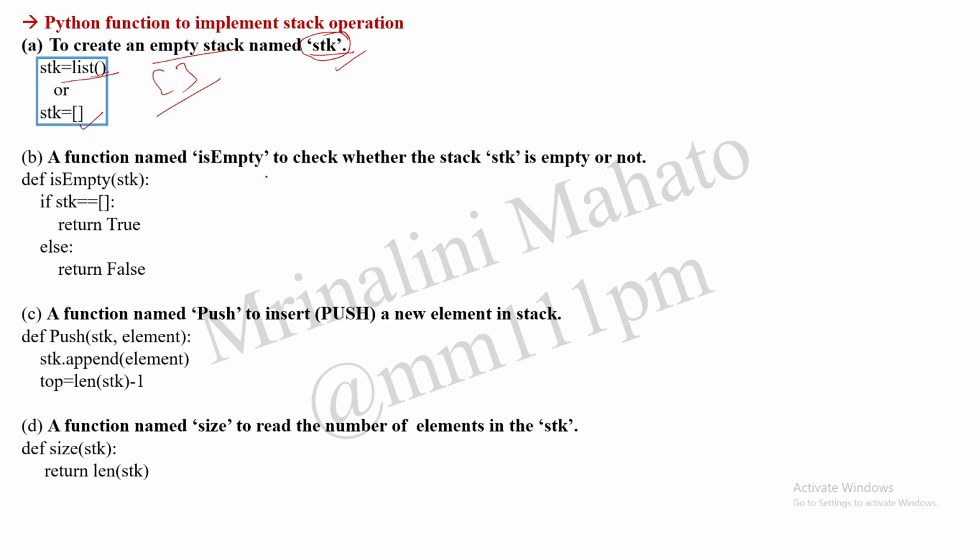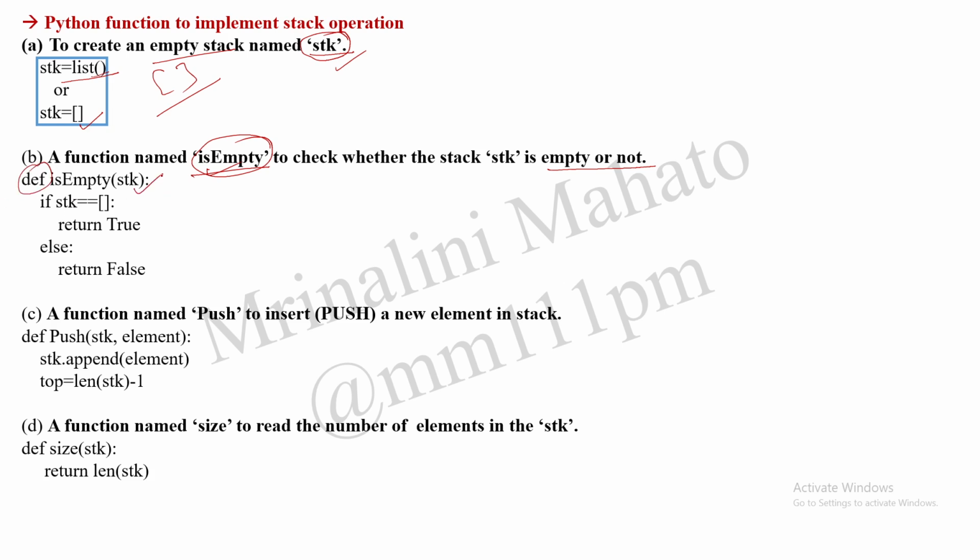Next, a function named is empty to check whether the stack stk is empty or not. Is empty is the function name. Okay, just check if stk is empty or not. So how will you find out? Just define is empty, because the function name is given, and this is a user function, so we write define.